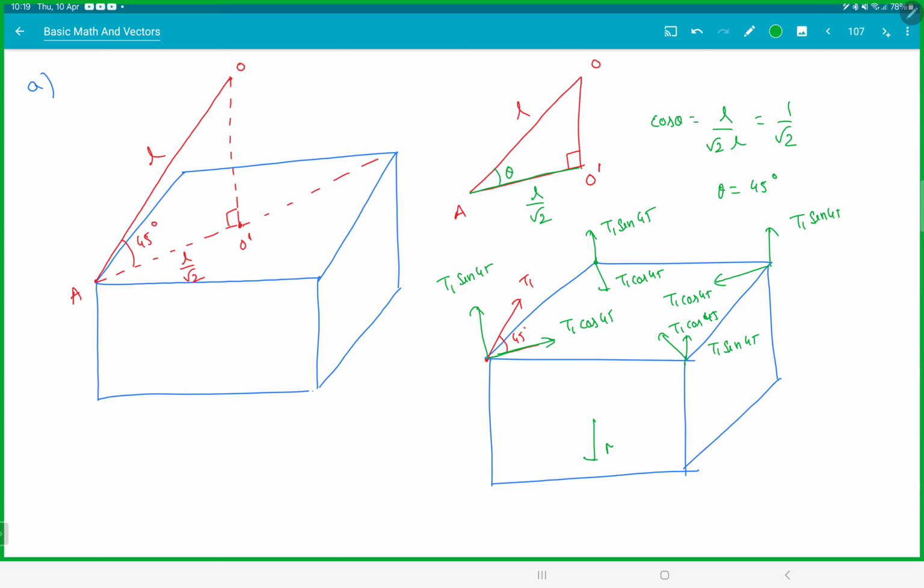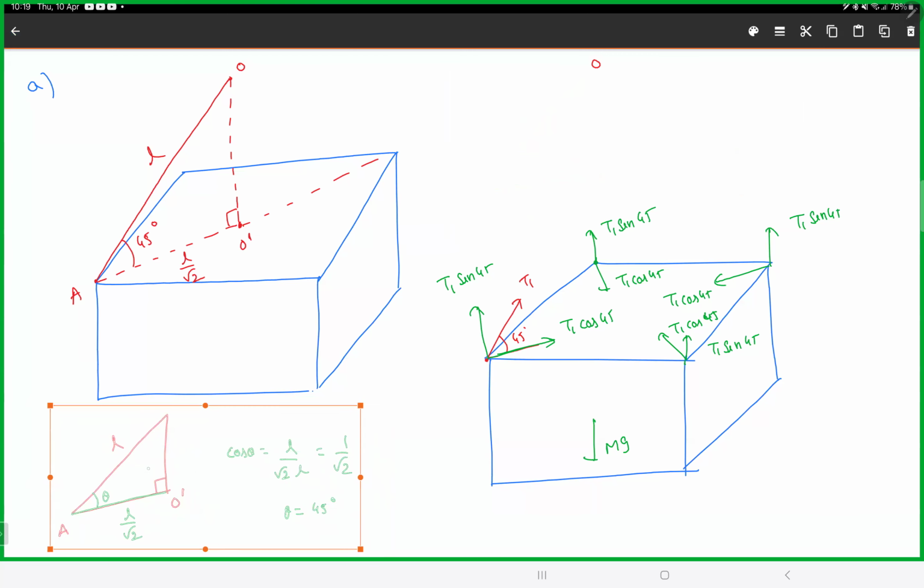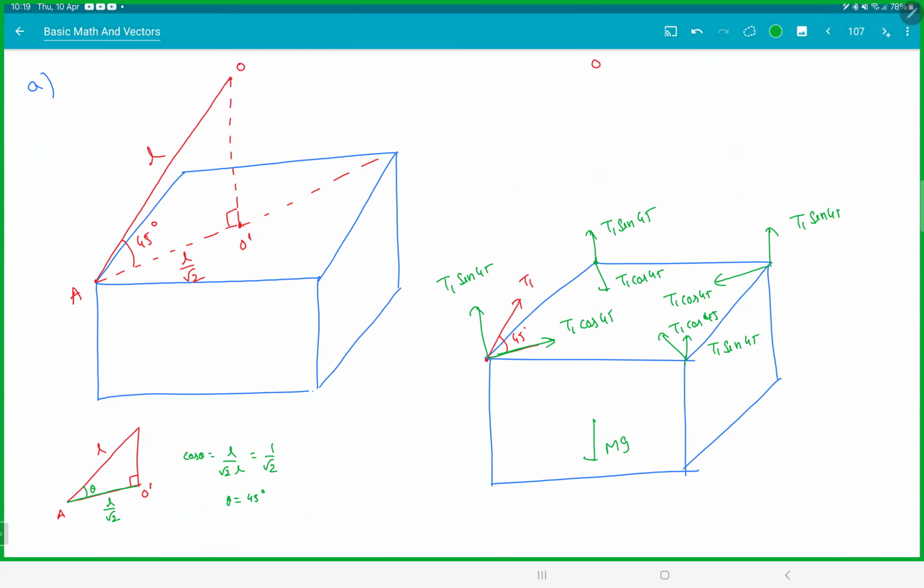And you have weight mg down. So now you tell me, who is balancing the weight? The 4 vertical components, isn't it? So this, this, this, this, these 4 are balancing the weight.